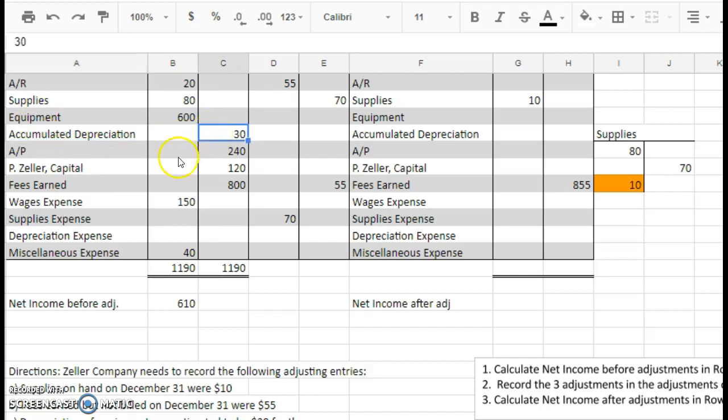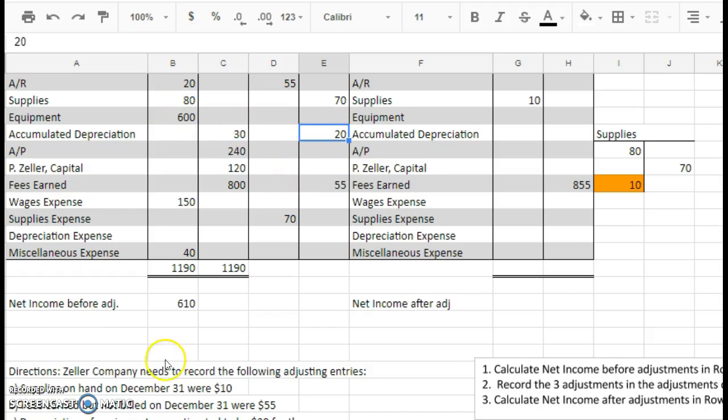So we've already depreciated $30 of the $600, and now we're going to depreciate $20 more of that equipment. So 600 minus 30, because it goes against the 600, our equipment now has a book value of $570 before adjustments.